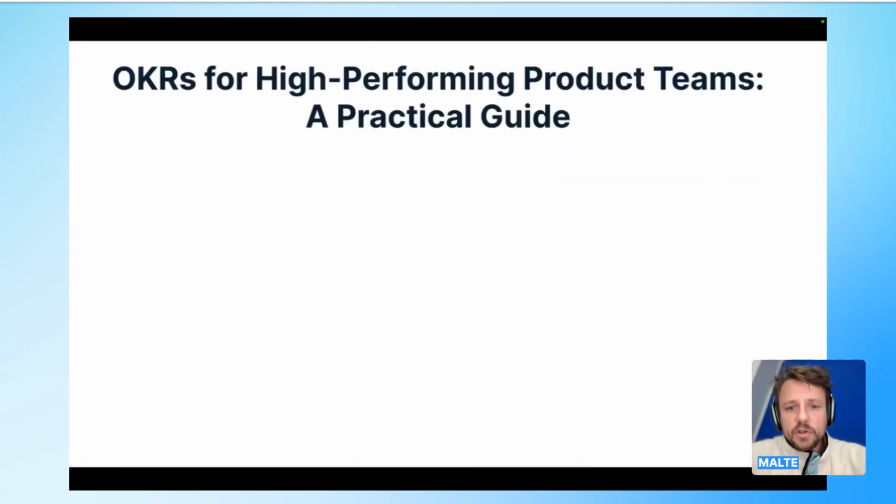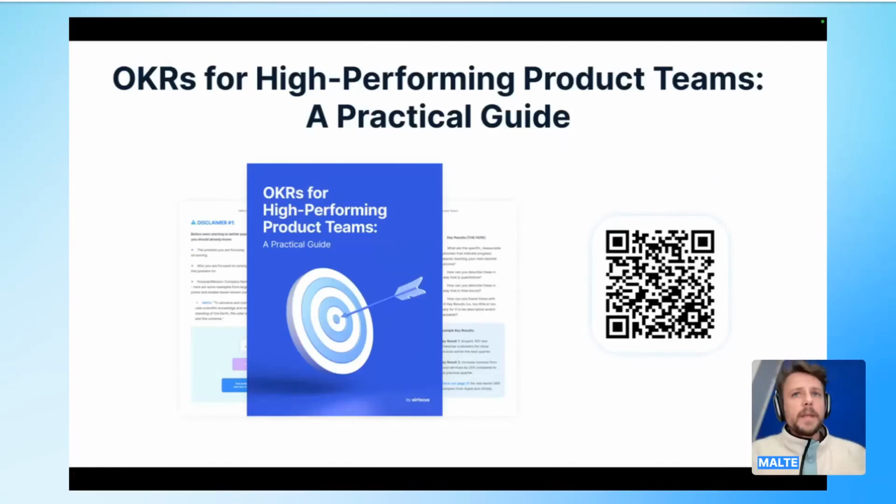And before I let you go, I wanted to show you a really cool ebook that we have written around this whole topic of OKRs for product teams. It's a bit of a practical guide, and we also have a short version of that on our website and a checklist for your product team to look at and to see how you're making progress.